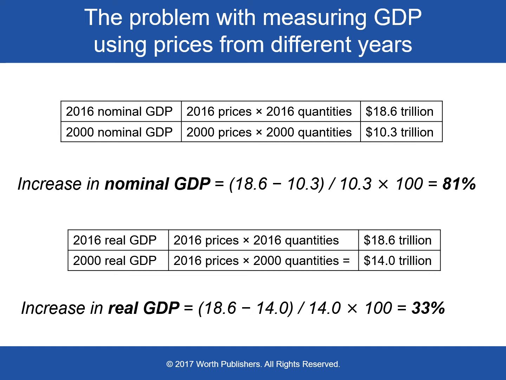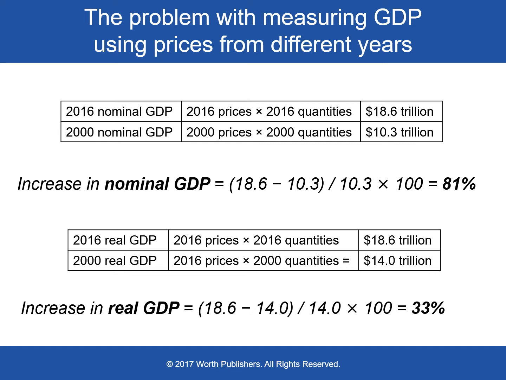And if you do the same thing in the year 2000, you take prices as they were in the year 2000, and you multiply that by the quantities of the different things produced in the year 2000, you get a number of $10.3 trillion, and that is a nominal GDP value.